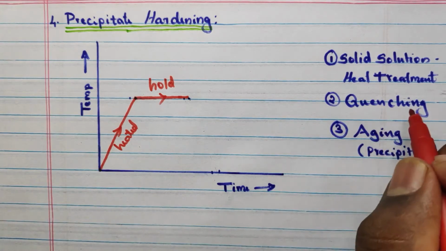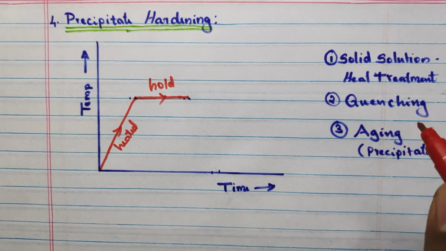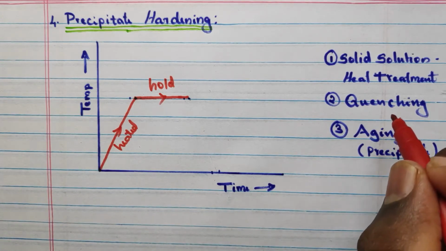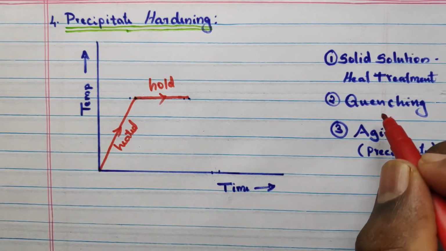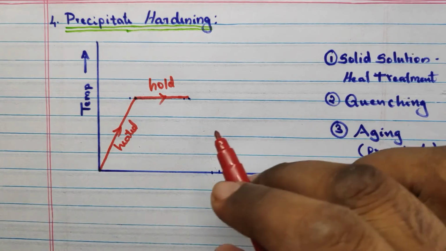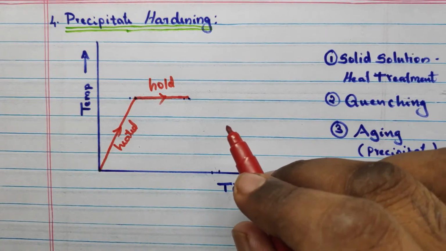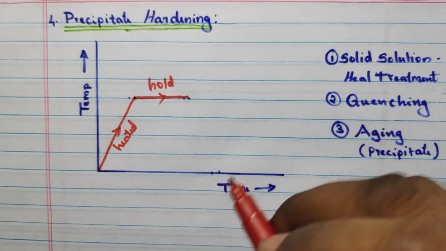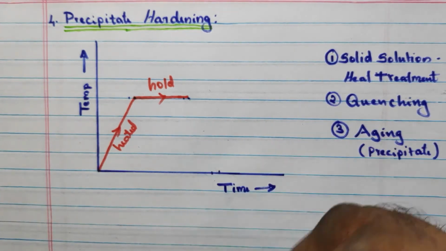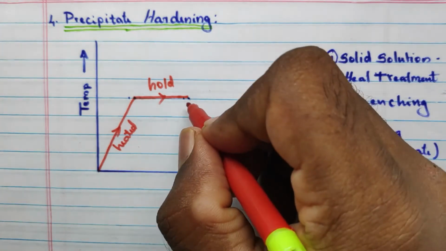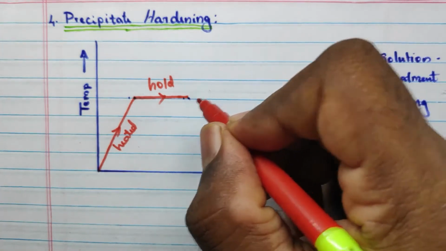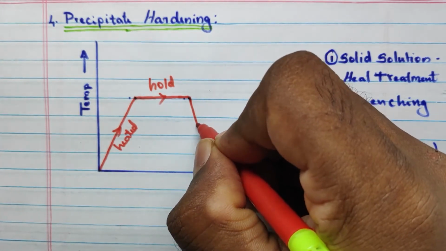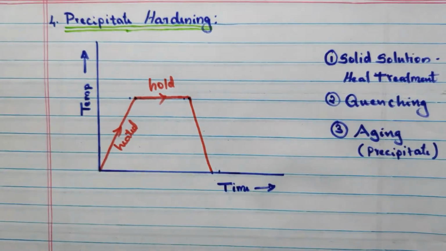This quenching is an already known concept for us. From the second unit we have been dealing with it. I hope you all are remembering this. Quenching means rapid cooling of the material by the application of water or oil. It's a sudden cooling. When we apply the water or oil to the material, it suddenly cools to the normal temperature.